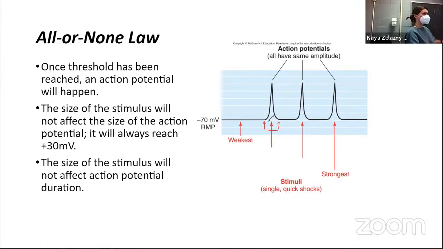That's not what we're talking about here. When we're looking at this little curve, we're just looking at what's happening in one little segment of the axon. So that segment wouldn't hold on to the action potential for longer or for shorter. It's always going to be in that area for the same amount of time, regardless of the stimulus.